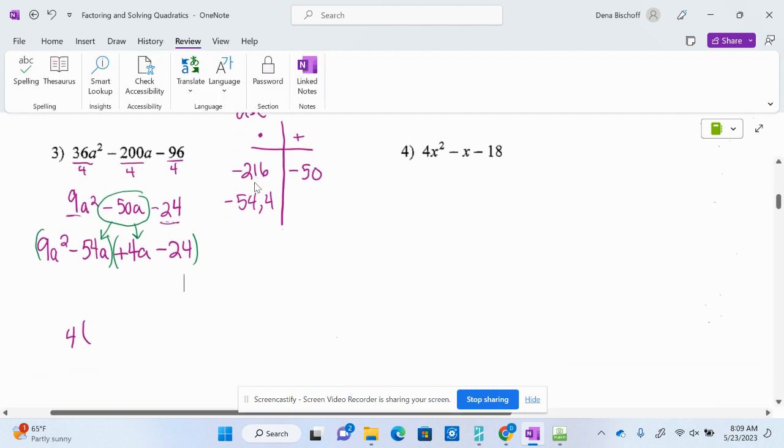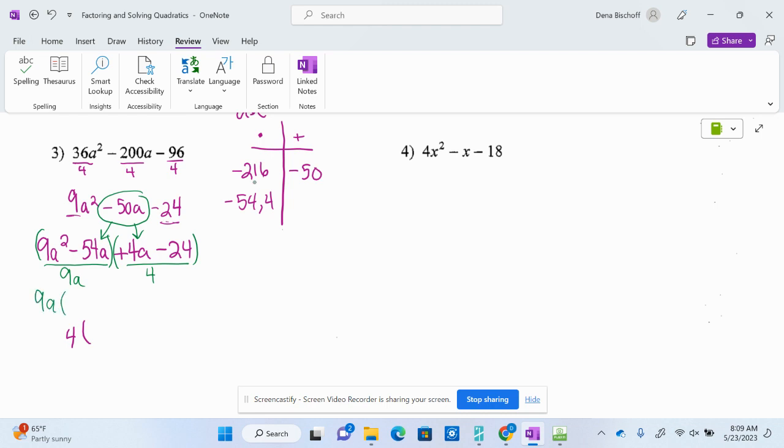So let's factor this. I can divide by 9a for the first parenthesis and by 4 on the second one. So when I take out a 9a, I'm left with a minus 6. And when I take out a positive 4 for the second one, I'm left with a minus 6. Do I have a copycat?